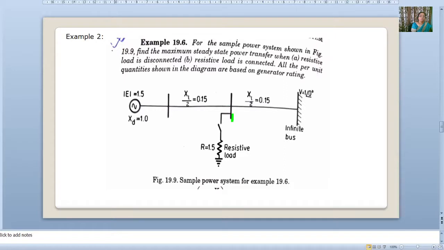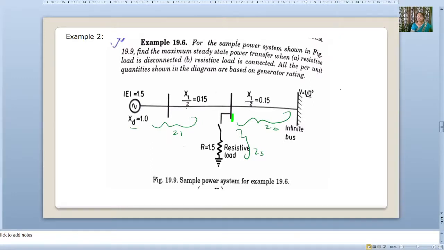Okay, now again this will be our Z1, from this side it will be Z2, and this will be our Z3. Without resistance it's simple: E into V by xd plus xl by 2 plus xl by 2.